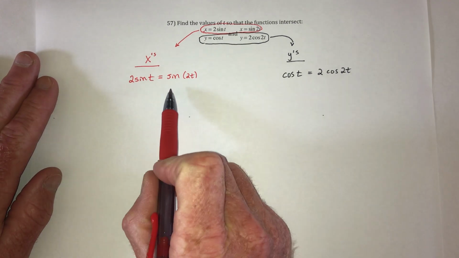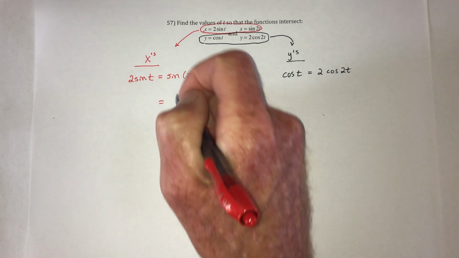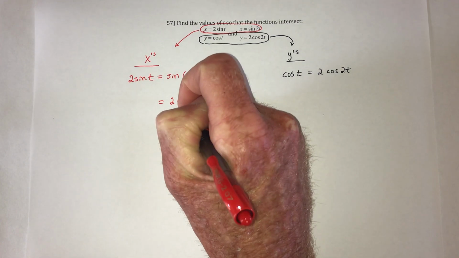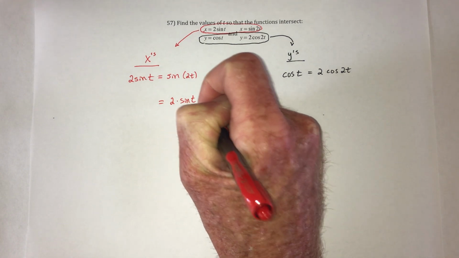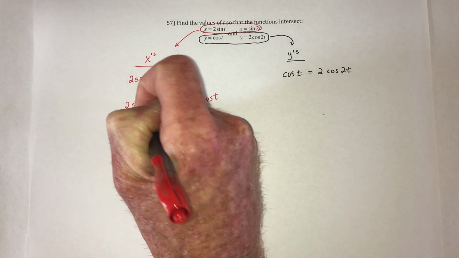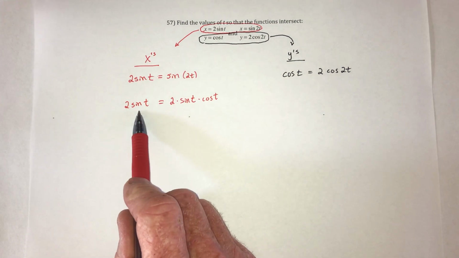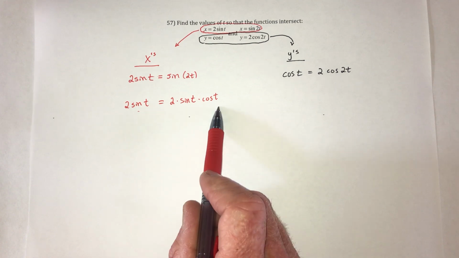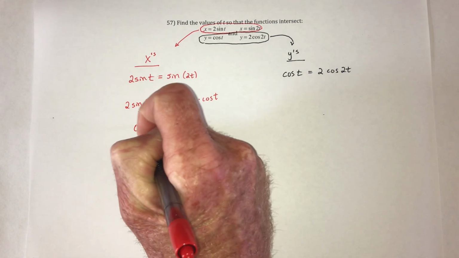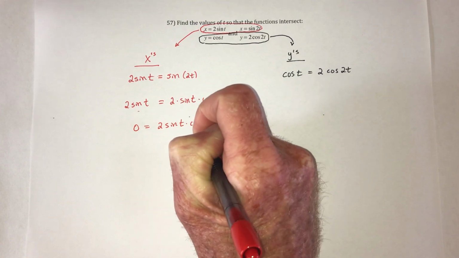So solve this equation. The first thing to do is replace sine of 2t with its trig identity, 2 sine of t cosine of t. Then set it equal to 0. So I'm going to take this 2 sine of t and subtract it from both sides.